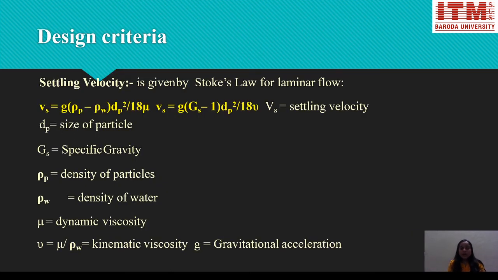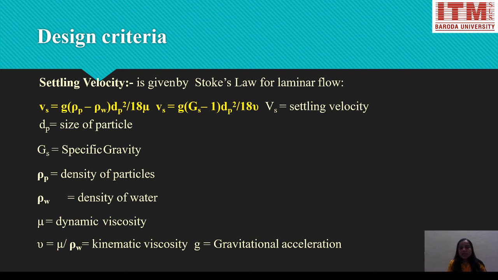Now when you have to design a grit chamber, the most important part is the settling velocity, because settling is our main parameter here. So how will we decide what settling velocity we can keep? There are two equations by which you can decide the settling characteristic. Vs = g(ρp − ρw)dp²/18μ is one equation.